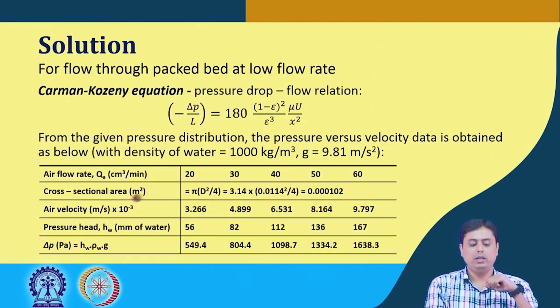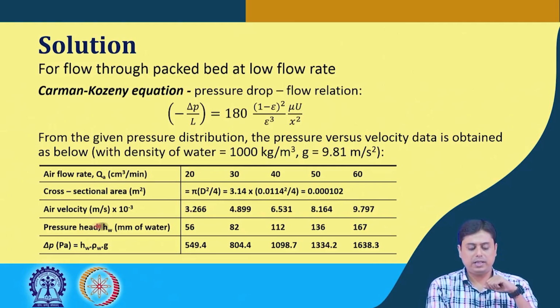Once you do that, you divide it by the cross sectional area to find the value in meter per second. Then you get the air superficial velocity, representing the corresponding air flow rate value.